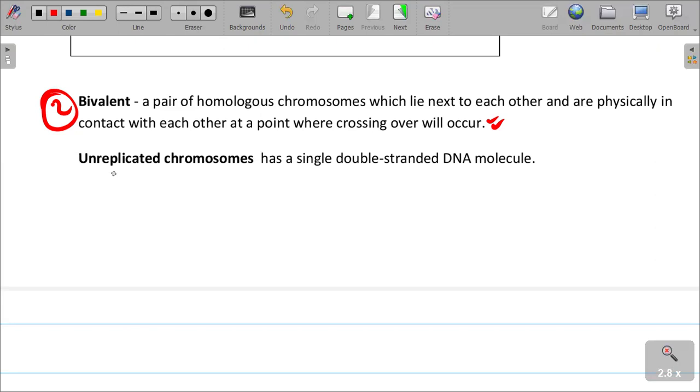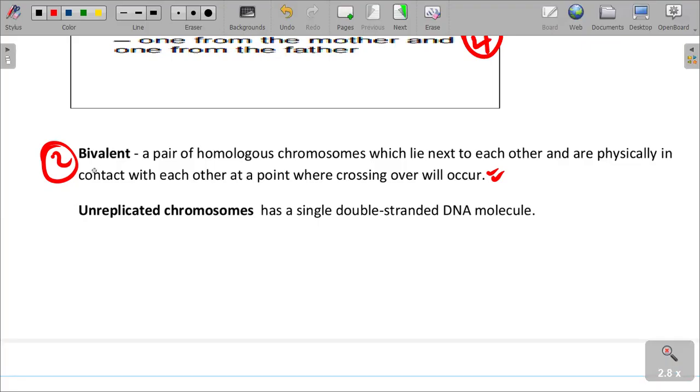And then unreplicated chromosome. NB, I want you to observe this quite openly here. An unreplicated chromosome has a single double-stranded DNA molecule. If I was in class, I would ask someone to demonstrate what we are talking about.